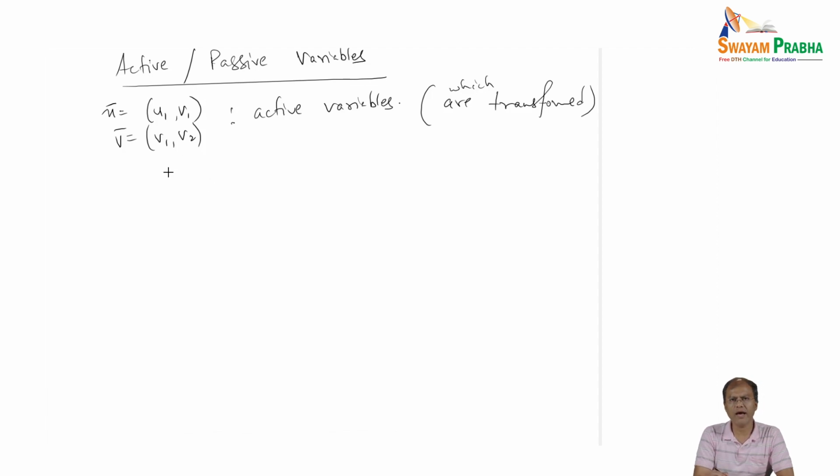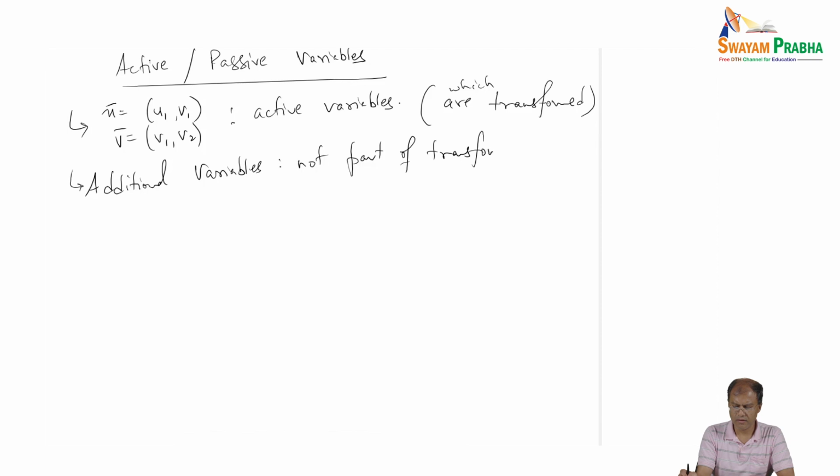We could always have something more than these active variables in the relation. We could have additional variables which are not part of the transformation. We call these variables passive variables.